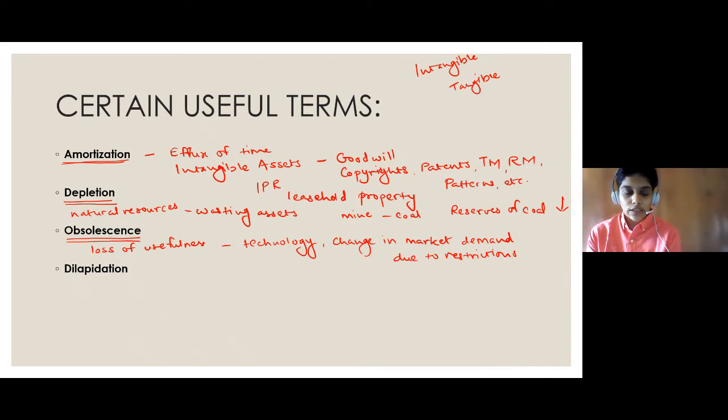Now, this obsolescence, firstly, is because of technological changes. There is better technology available for producing the same product that you produce with poor technology or old technology. So in that case, definitely your product will not be demanded.